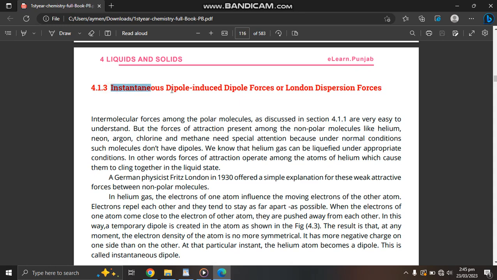The third point is instantaneous dipole-induced dipole forces, or London dispersion forces. Intermolecular forces among polar molecules were discussed in section 4.1, as we discussed in the upper part of our video. They are very easy to understand, but the forces of attraction present among non-polar molecules like helium, neon, argon, chlorine, and methane need special attention because under normal conditions, such molecules don't have dipoles.